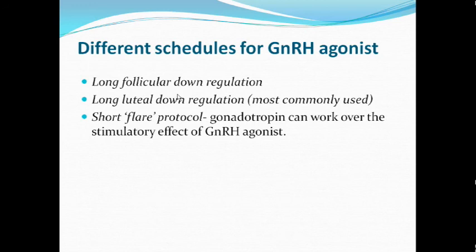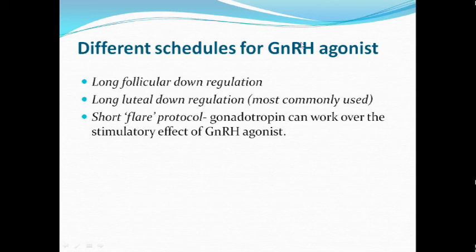That means the previous cycle, in which induction has not occurred. So the GnRH agonist is started in the follicular phase, one cycle before the ovulation induction.